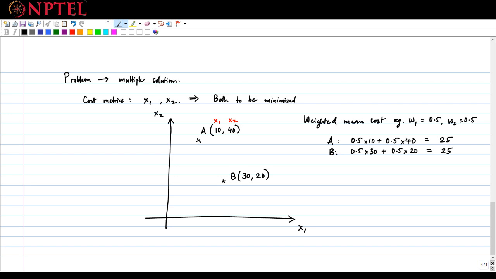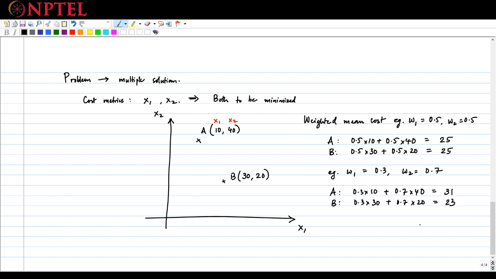Okay, but what if my weightage was different? Let's say W1 was 0.3 and W2 was 0.7. Now what I'll end up with is, A is 0.3 into 10 plus 0.7 into 40, so this is 28 plus 3 is 31, and B gives you 0.3 into 30 plus 0.7 into 20, that's 14 plus 9 equal to 23.